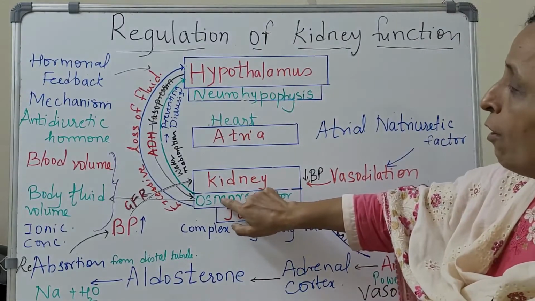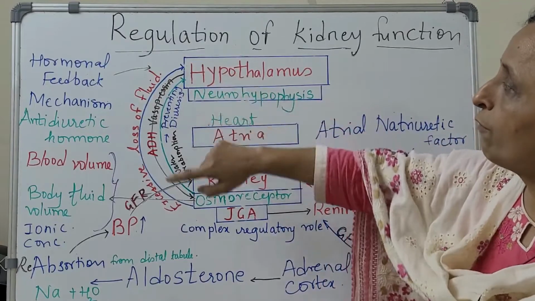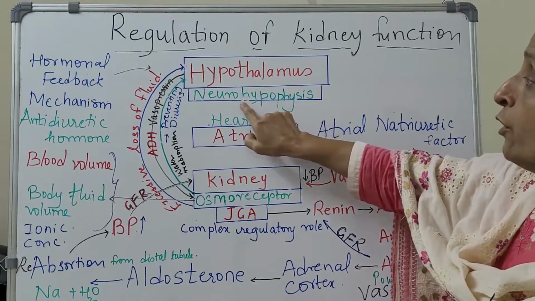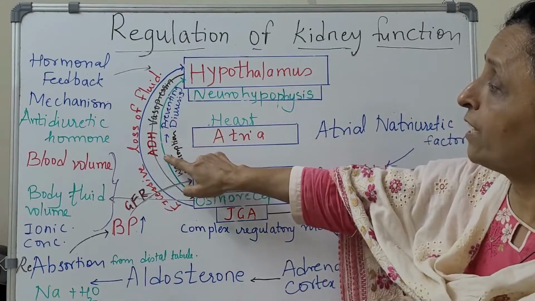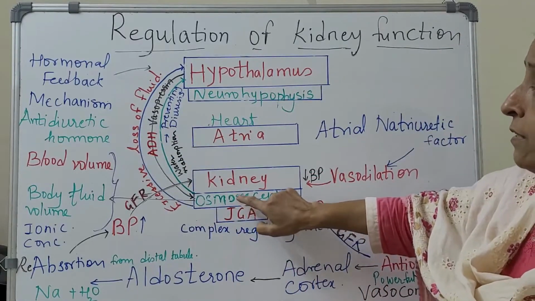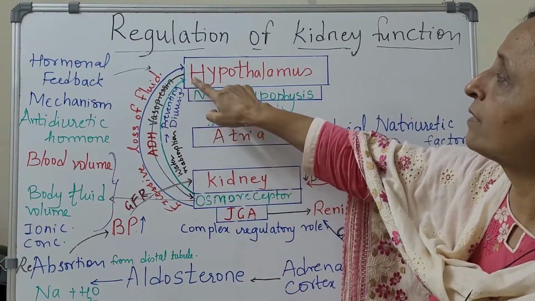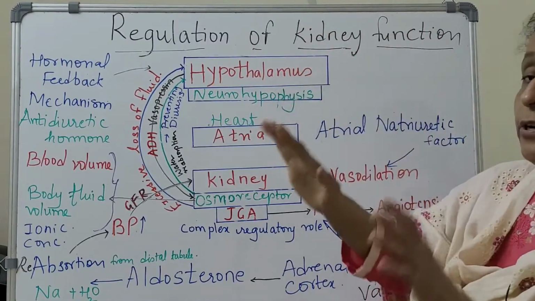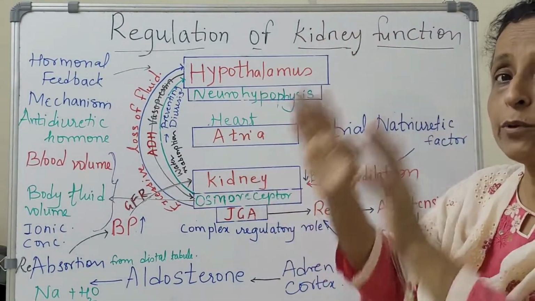Here, the osmoreceptors affected by the excessive loss of fluid affect the hypothalamus, which stimulates the neurohypophysis to release vasopressin or ADH, antidiuretic hormone, and it affects the osmoreceptors, and then reabsorption of water takes place to prevent diuresis. Then the hypothalamus is stimulated, which stimulates the neurohypophysis to stop the production of ADH, vasopressin.